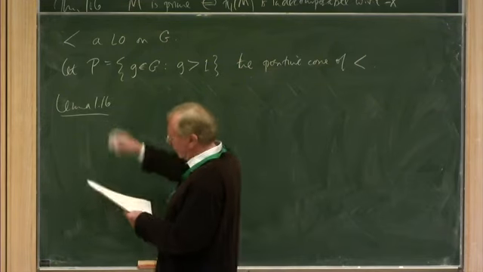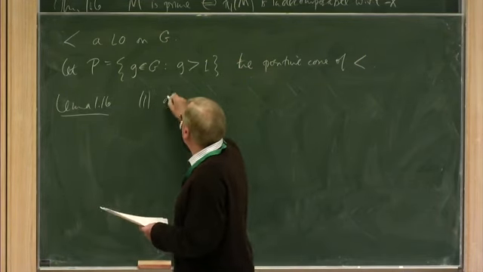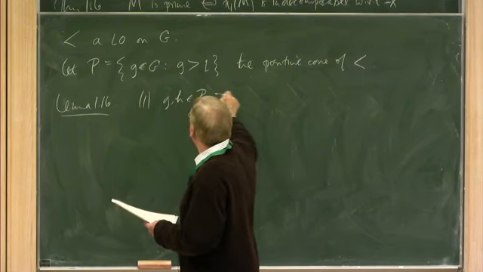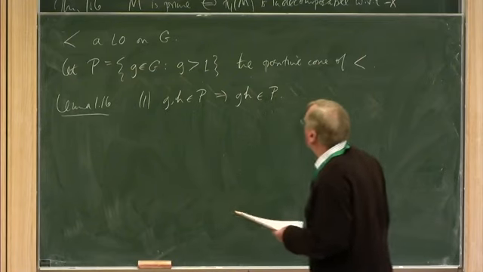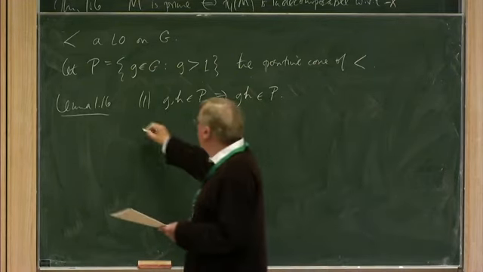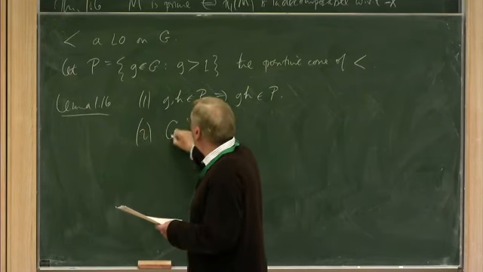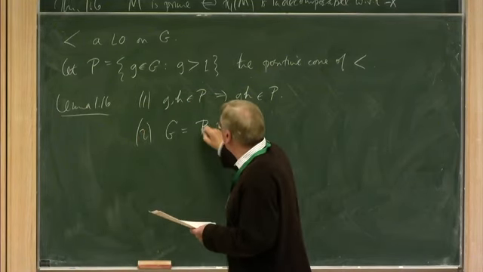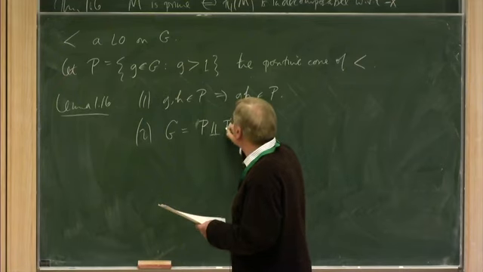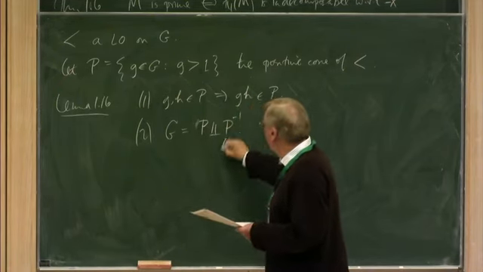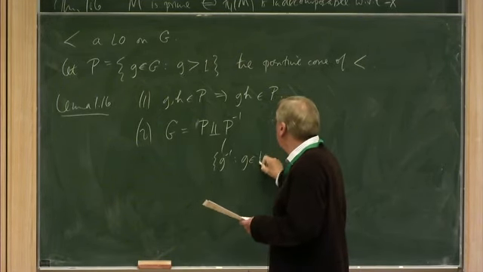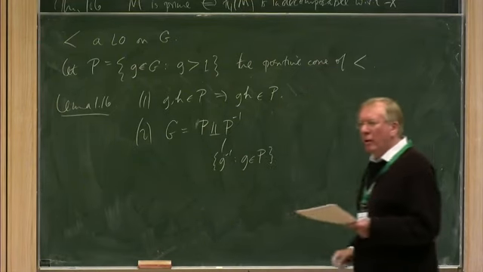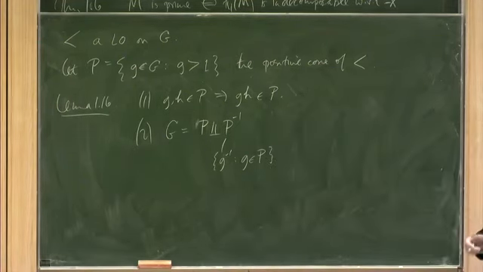So here's an elementary thing: the positive elements are closed under multiplication, and also the group G is partitioned into the positive elements, disjoint union the negative elements, which are the set of things g inverse. By the way, g is greater than 1 if and only if g inverse is less than 1.